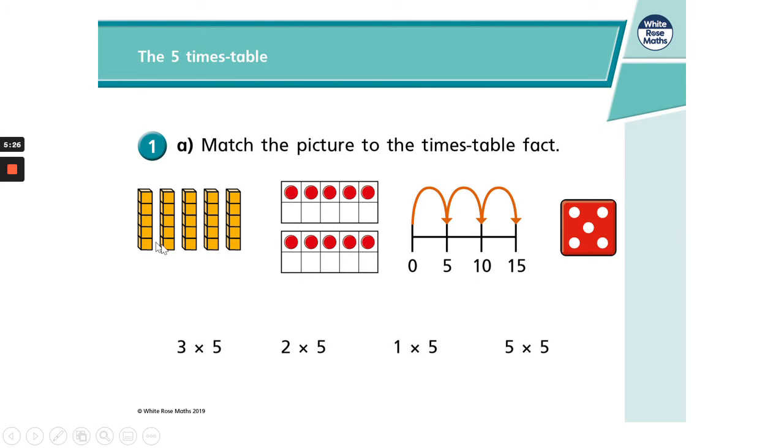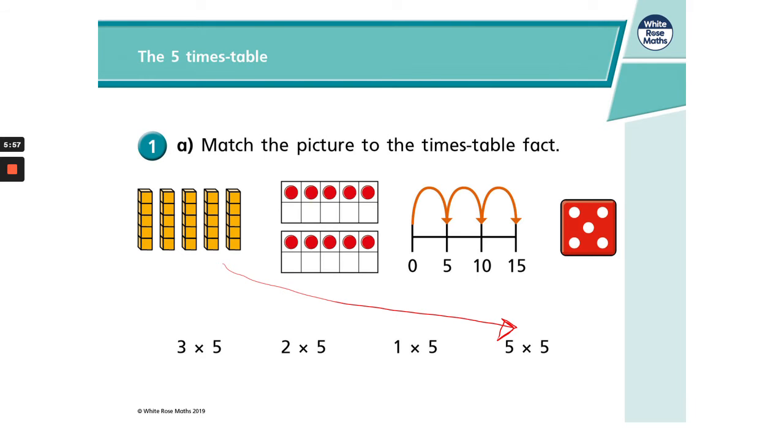We have 5 tower blocks with 5 cubes in each tower. So if we have 5 towers with 5 blocks in each, what number fact do we need to match it to? Either point to your screen or shout out loud. Well done if you got that. 5 lots of 5 for our number fact.